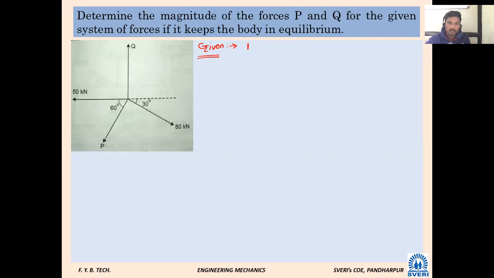Suppose F1 is 50 kilonewton, F2 is Q, which is not known, F3 equal to 80 kilonewton, and F4 equal to P. Let us assume likewise.